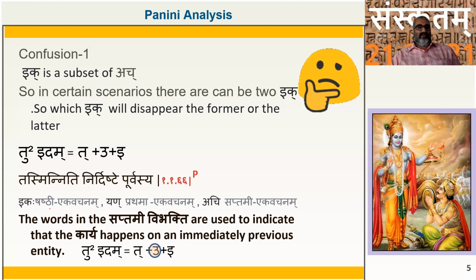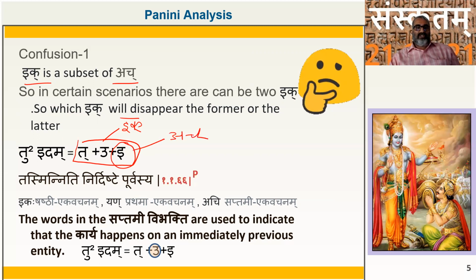First, as we have seen, Ik is also a subset of Ach. Let us take the example of tu idam. When we have tu and idam, u is an Ik, no doubt about it. Then e is an Ach, so Iko Yanachi can be applied. There is one confusion here: this e is also an Ik.